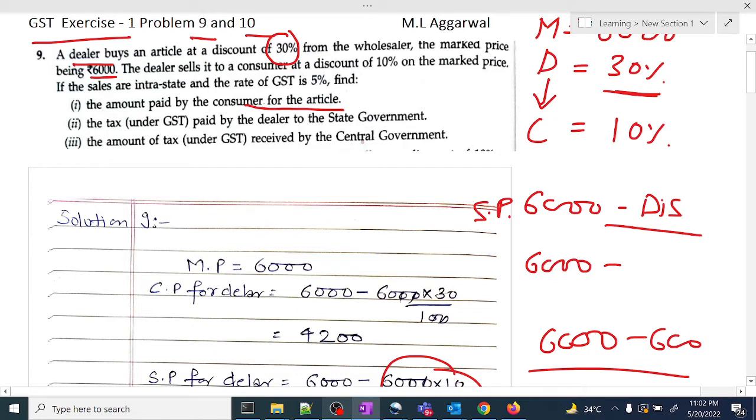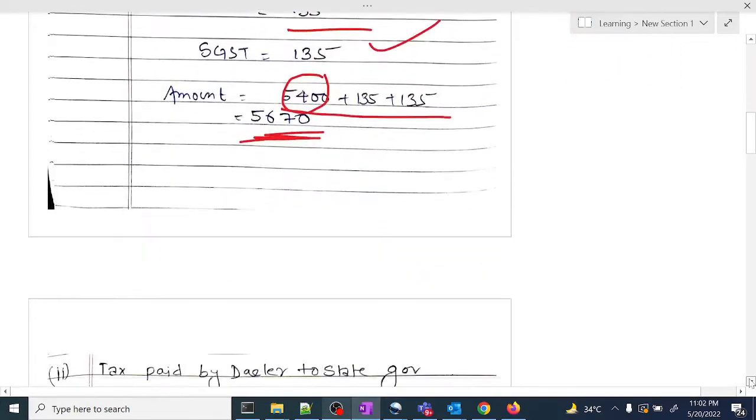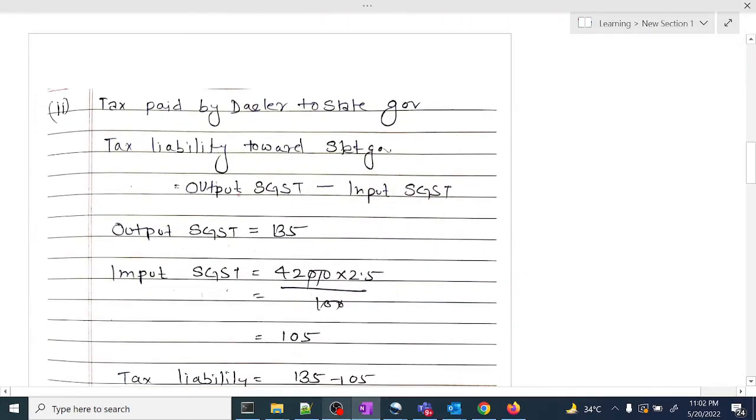So here it is asking for the tax liability of the dealer. The tax the dealer pays, right? Tax liability would be output GST minus input GST. Output is the amount he is getting from the consumer, that is 135.